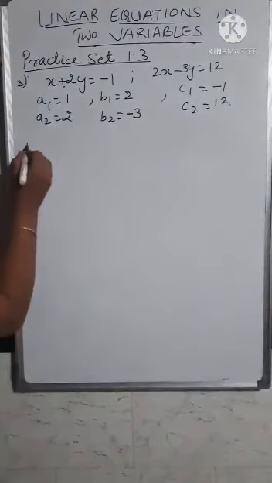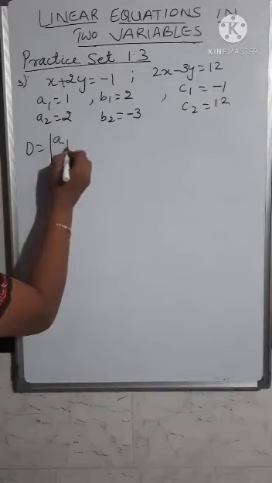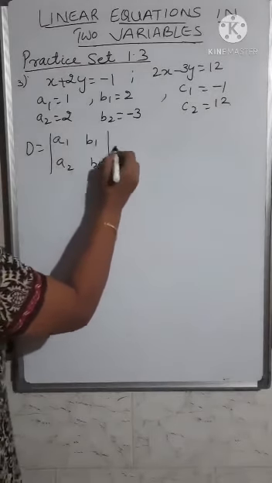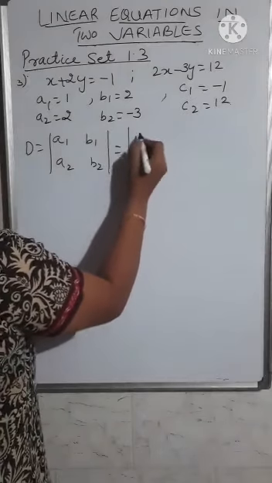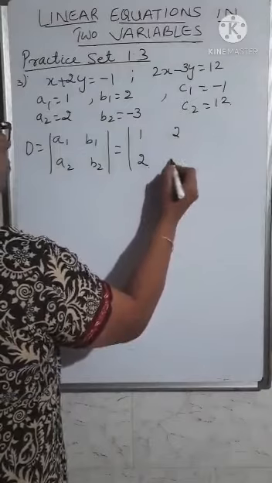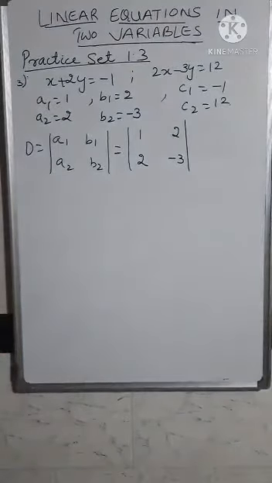The first thing is finding out the value of d. So to find the value of d, a1, a2, b1, b2, the formula. So a1 is 1, 2, 2 minus 3. So here when you have got a negative sign, be careful when you do the multiplication.